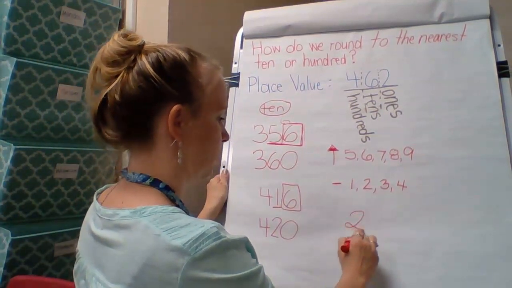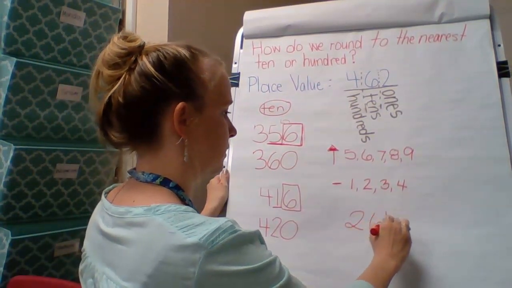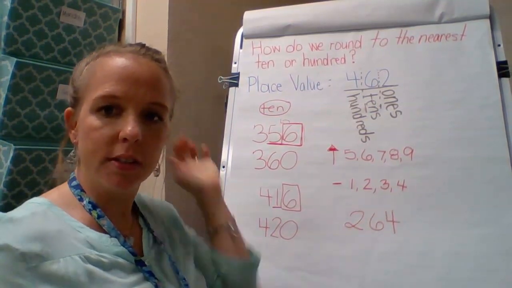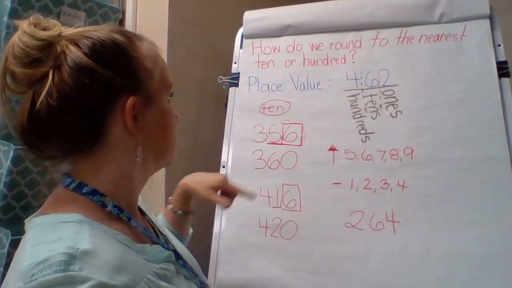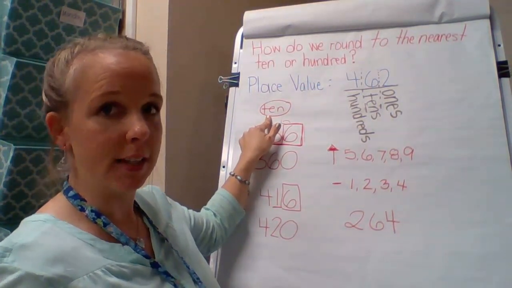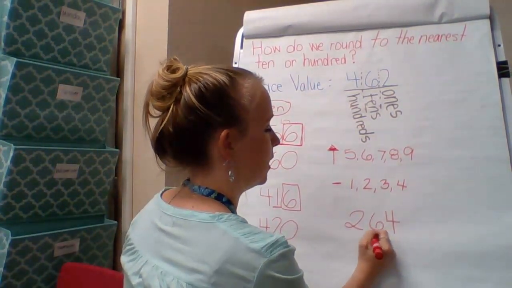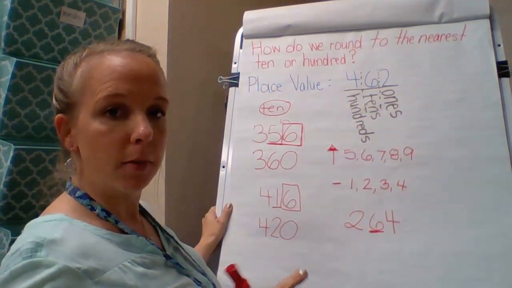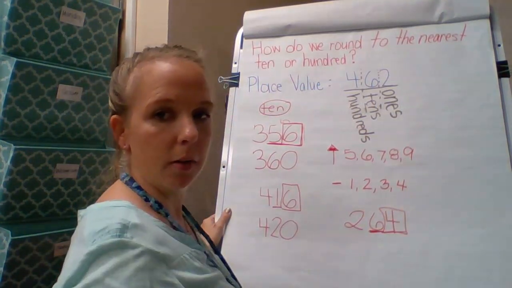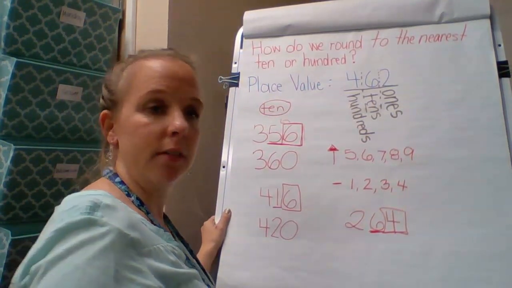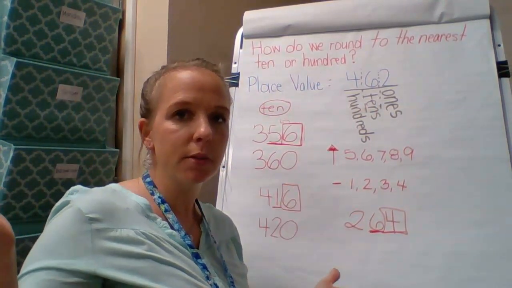Let's do 264. Step number 1, underline my tens place because that's what I'm rounding. Step number 2, walk over to your neighbor's house, box in your neighbor, and ask your neighbor for advice. Hey, number 4, what am I supposed to do here?